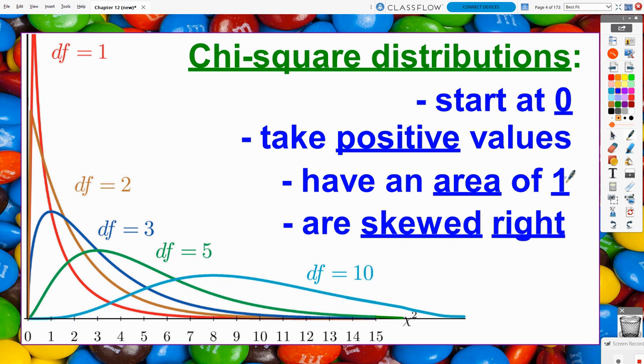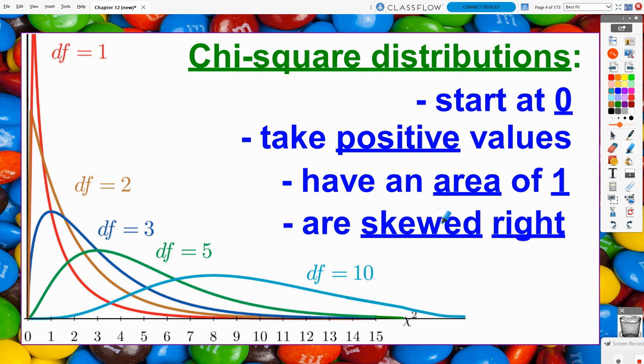If you notice here, these curves are different shapes overall, but if a chi-square distribution jumps up very high, then it's immediately going to have to drop down very quickly to maintain that area of 1 or 100%.